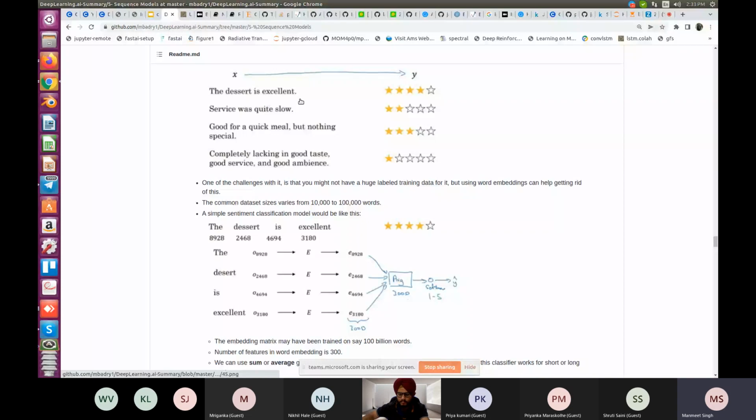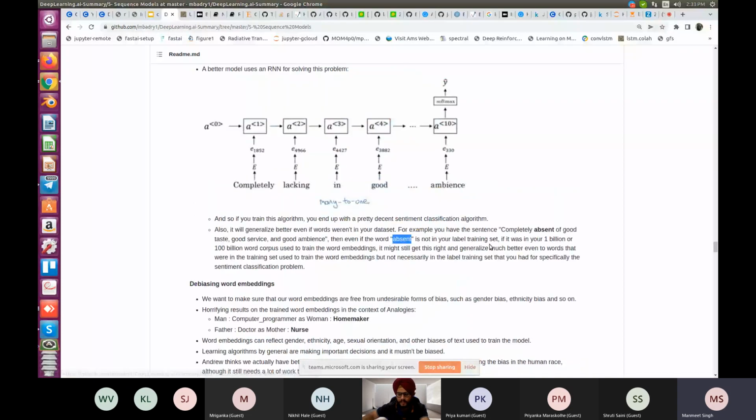But if it was in your 1 billion or 100 billion word corpus used to train word embeddings, it might still get this right and generalize much better even to words that were not in the training set. So if that word is not in your label training data set, but it was there in the word embeddings, then he's saying that your model will generalize.